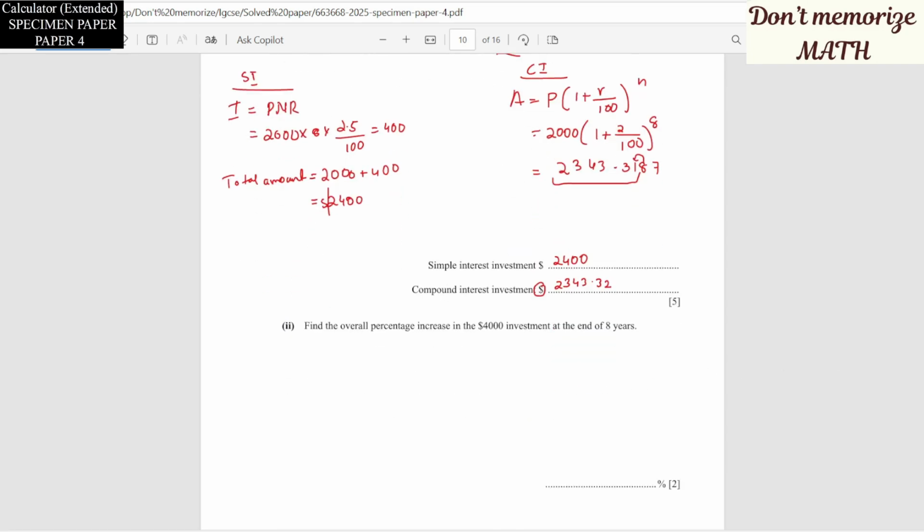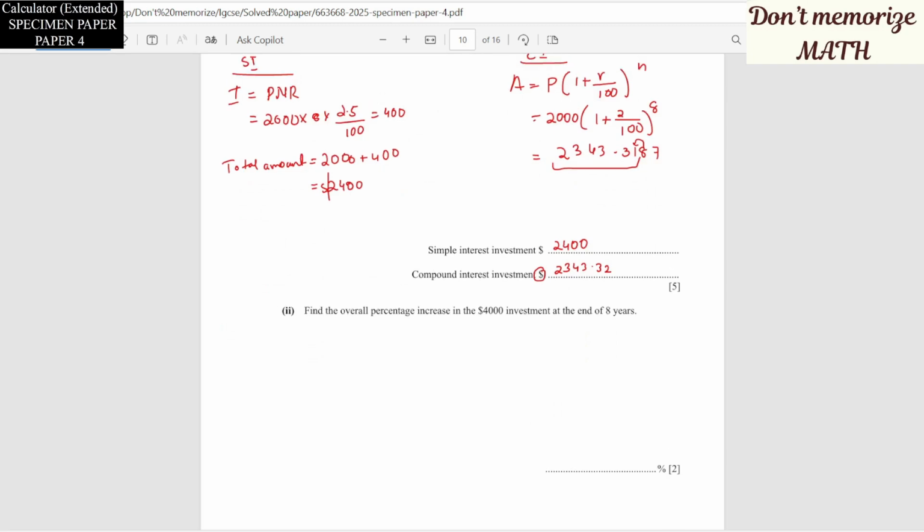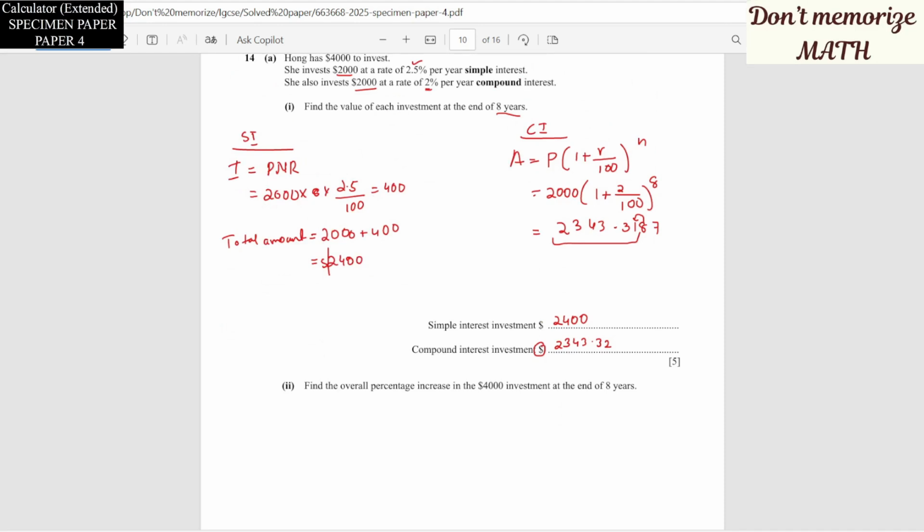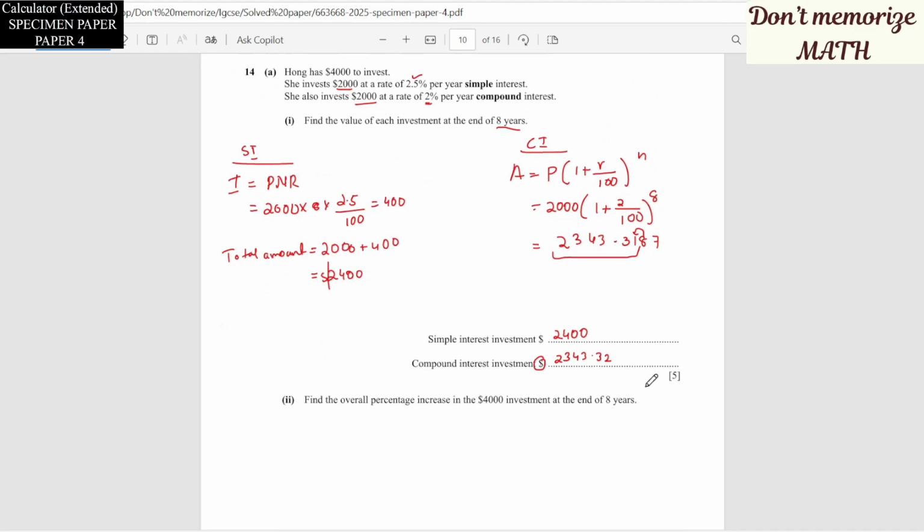Find the overall percentage increase in the 4,000 investment at the end of 8 years. So how do we find the percentage increase? Percentage increase is the difference over the original, times 100. What is the difference?